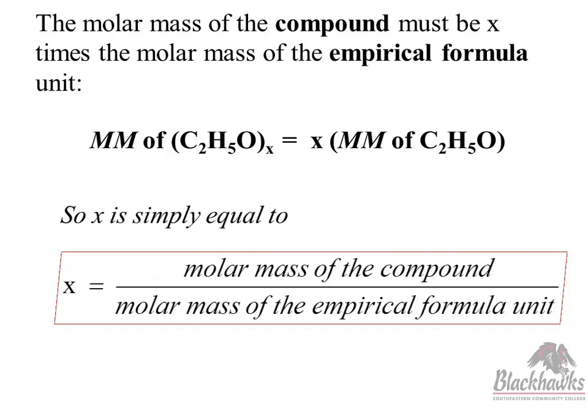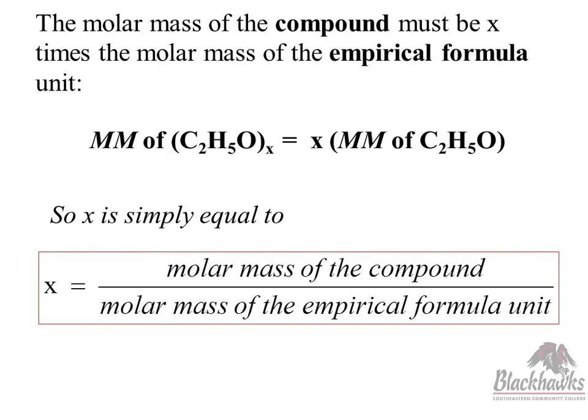If you want to rearrange and solve for x, which is the number of times you repeat it, all we have to do is take the little unit mass at the bottom and divide the molar mass by that.